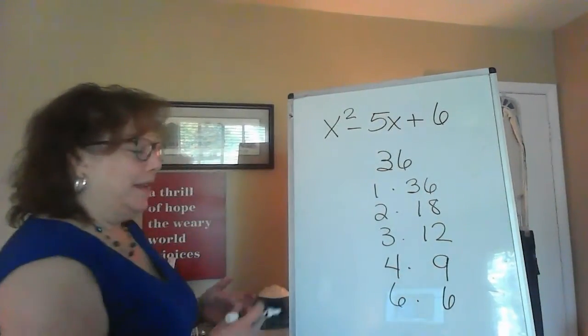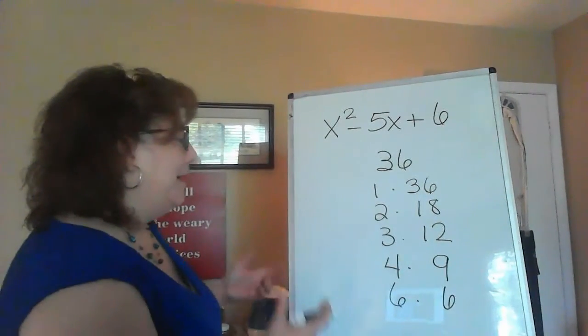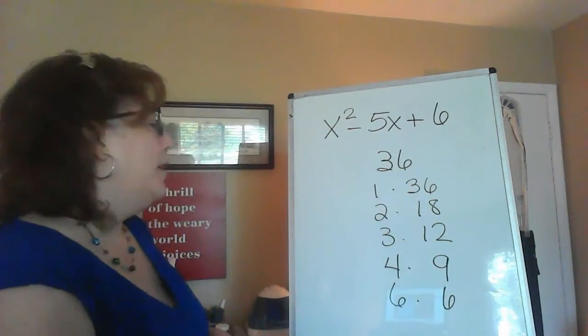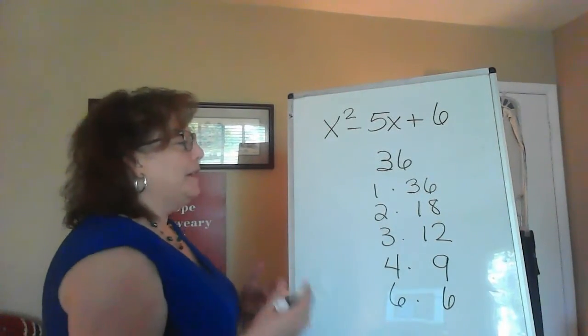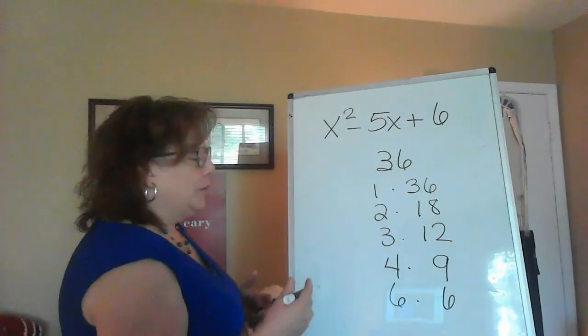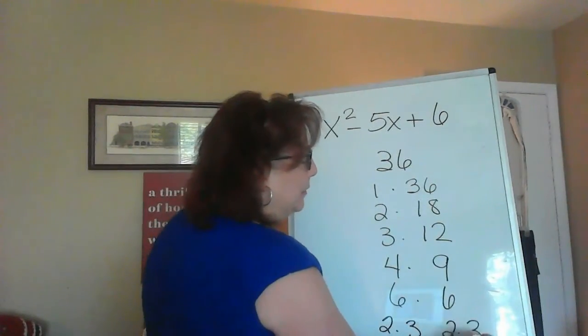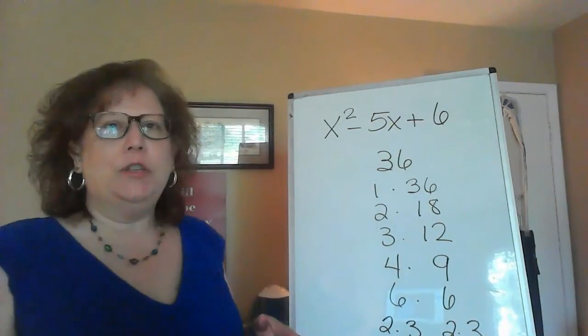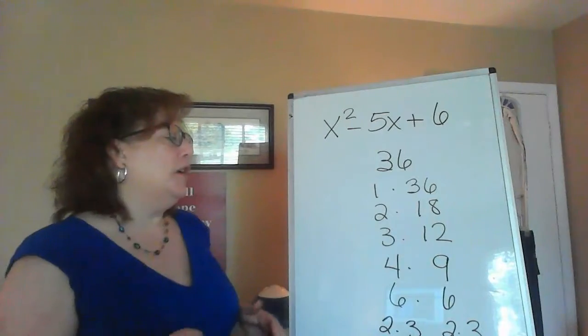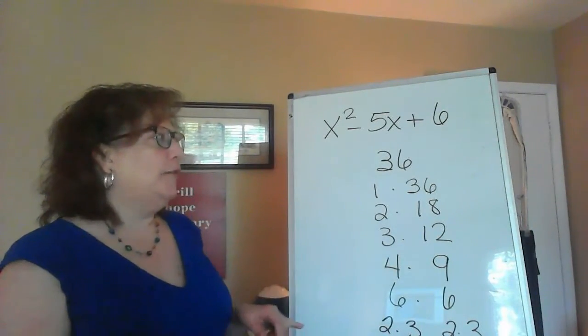I think that's probably everything. I hope I didn't forget something in there. But then we can break these out even more into 2 times 3 and 2 times 3. And we can really begin to pick the number apart into much smaller fragments.